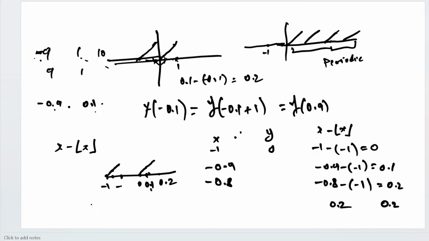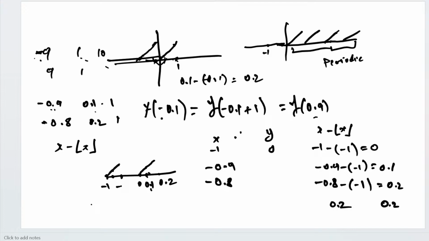There is a point here. Minus 0.9 and 0.1, what is the distance? 1, sir. Minus 0.8 and 0.2, what is the distance? This is also 1. Now you agree with this statement?